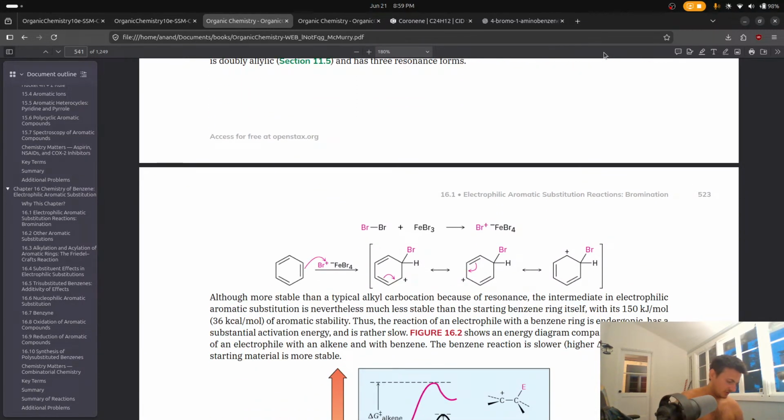Okay, so let's try this mechanism. Might as well, right? We have benzene and Br plus, FeBr4 minus. Br FeBr3.